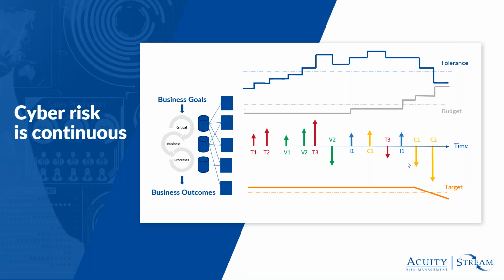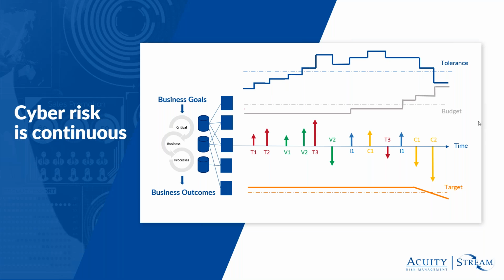Okay, so over time, our risk changes, and if we can measure risk, and if we can compare our risk status with our tolerance for risk, then we may find that sometimes we're below tolerance, other times we go above tolerance, and so on.